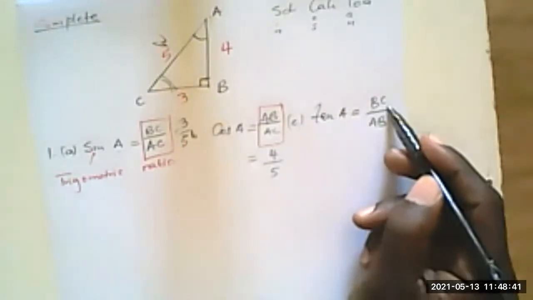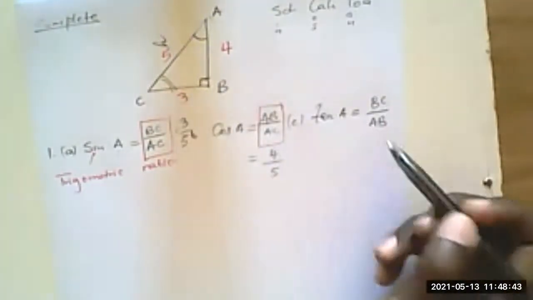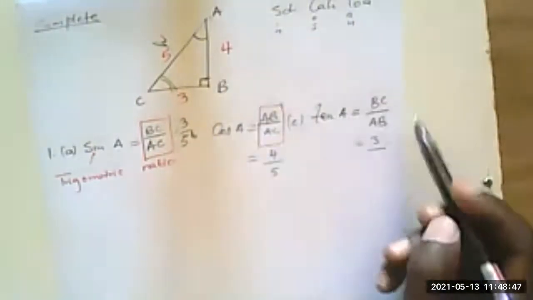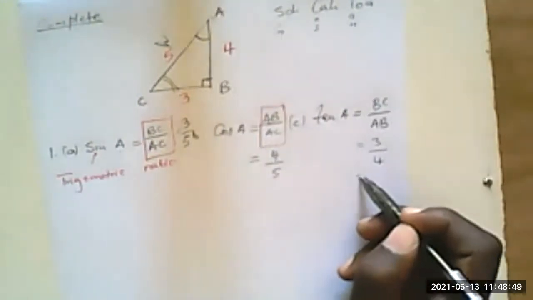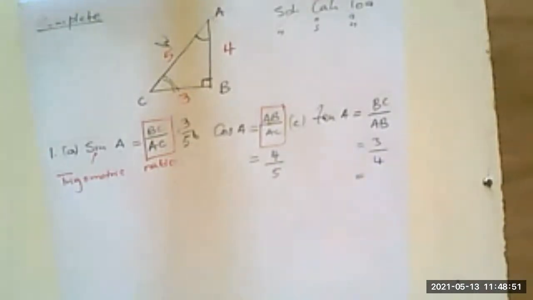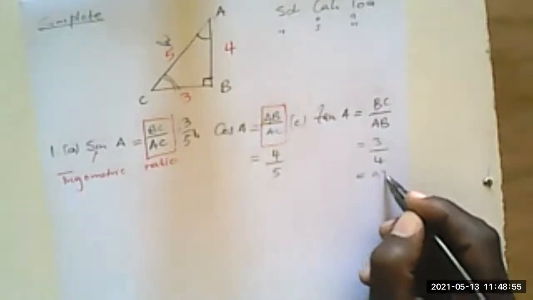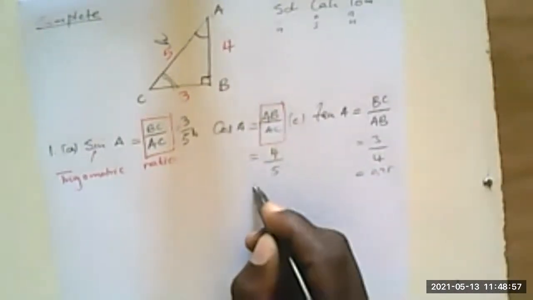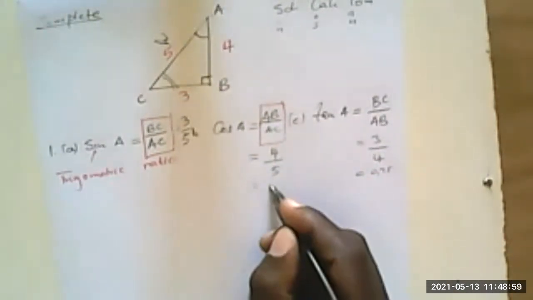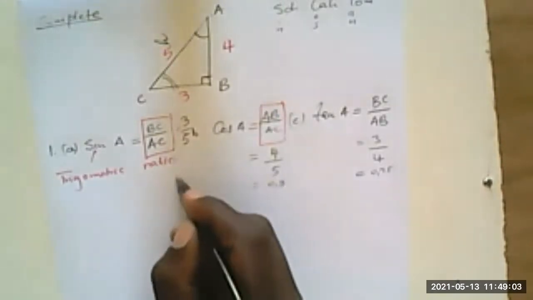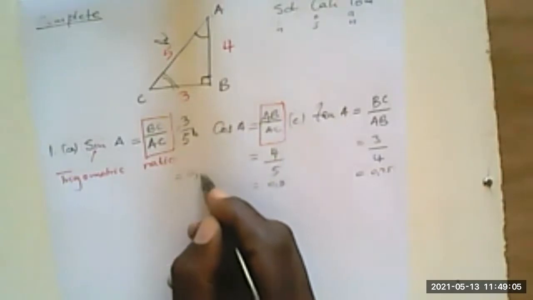Then this one, BC is 3 over AB. AB is 4. Now, this is equal to 0.75, and this is equal to 0.8, and this is equal to 0.6.